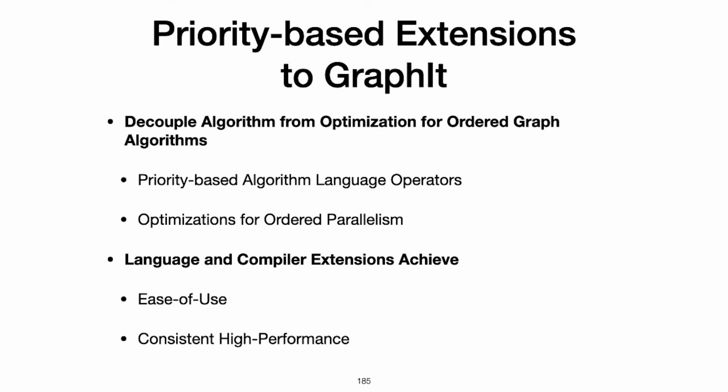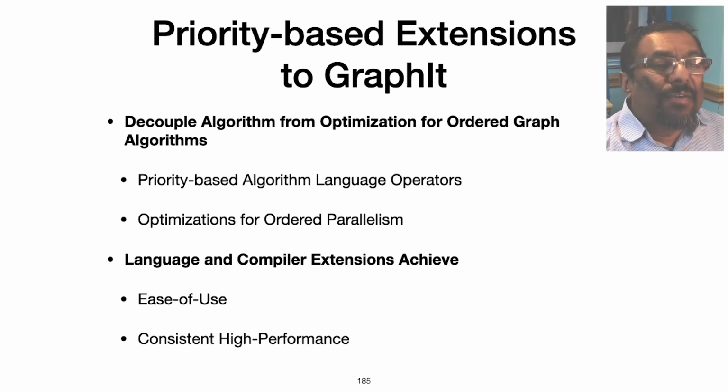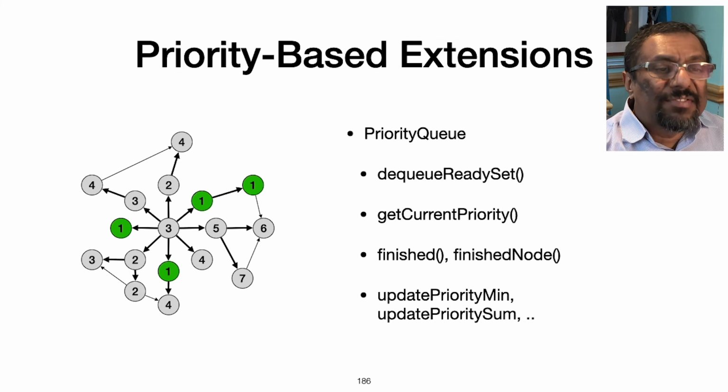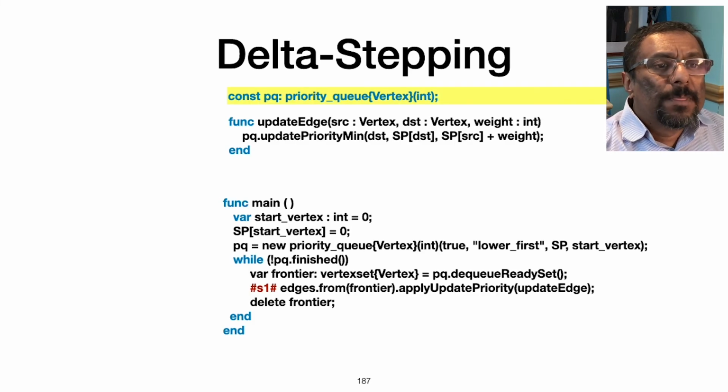So in GraphIt, we can also handle priority-based extensions, and we have included this in both the language for algorithms and the language for scheduling. For the algorithm language, there are a few keywords that we have introduced. Let's show how this is used.